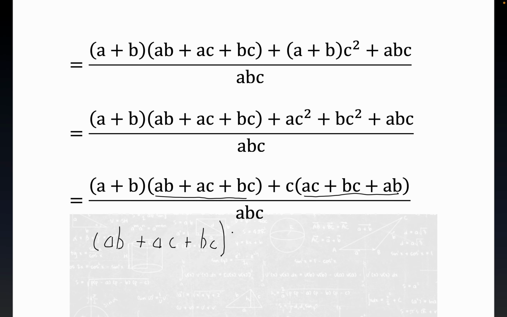And so you would get right here a plus b plus c. You see you have the a plus b here, and then the c here, and it's just the distributive property. All over abc.